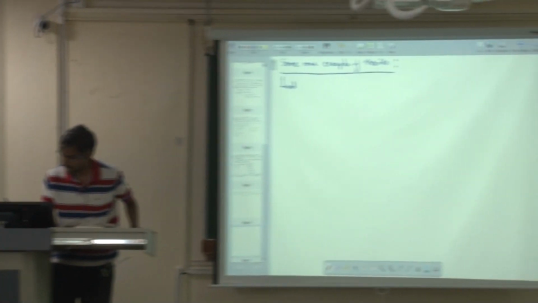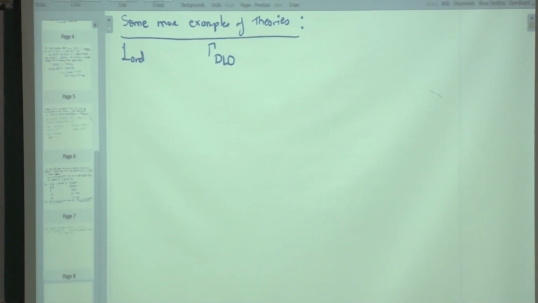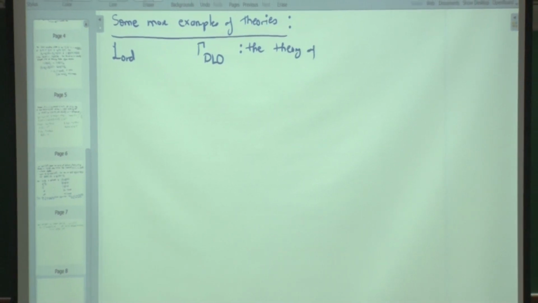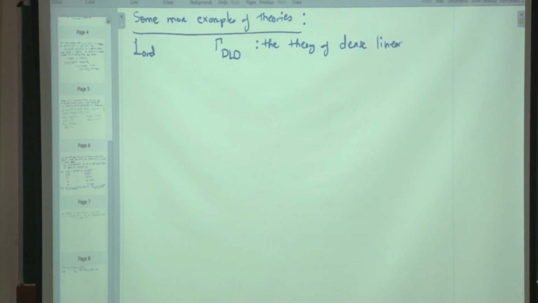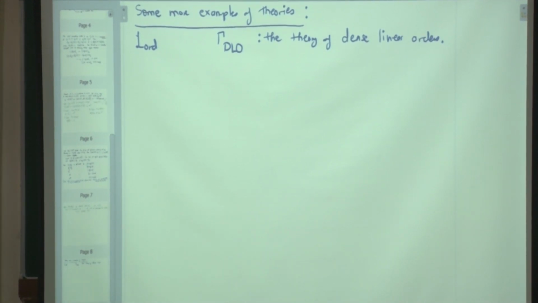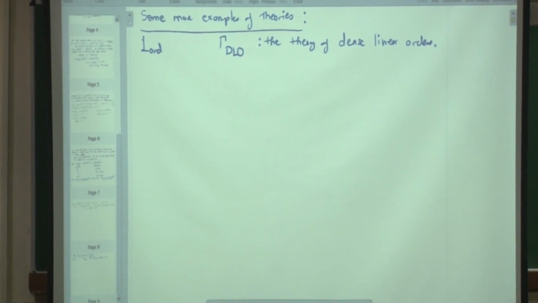Okay, the first one is in this language again, L-ORD, and this is called gamma DLO, the theory of dense linear orders. We are going to use this theory in the future lectures, so that's why I'm talking about it.